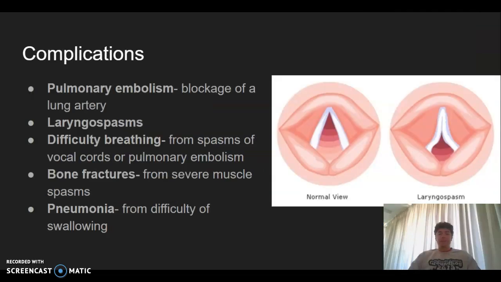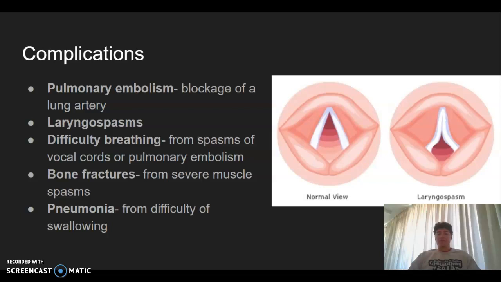And tetanus can become dangerous when these symptoms cause complications such as a pulmonary embolism, which is a blockage of a lung artery, and laryngospasms, which is that spasm of the vocal cord. As you can see in the picture, it closes the vocal cord, which can cause suffocation.